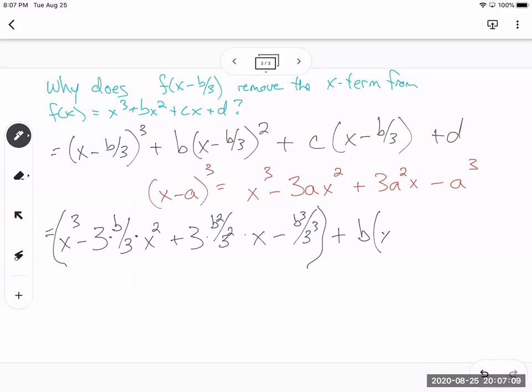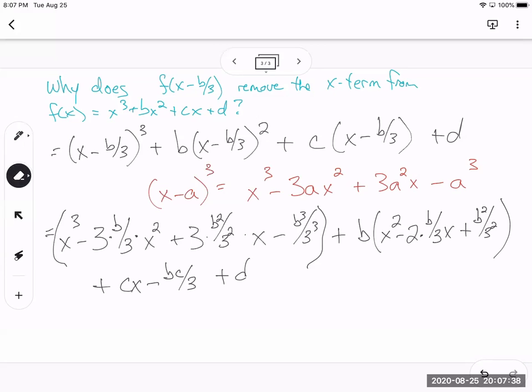So I have x squared minus 2 times b over 3 x plus (b over 3) squared. So that's b squared over 3 squared. Plus, well, this one starts getting easy. Cx minus bc over 3 plus d.